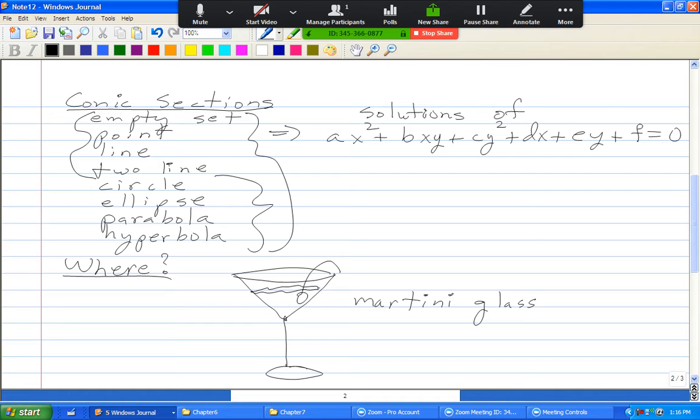So the solutions to this quadratic equation in two variables will give you one of the conic sections that I've drawn.